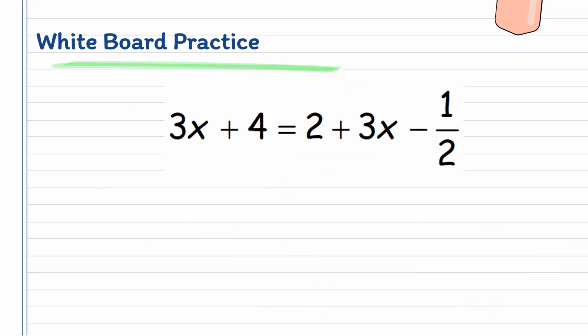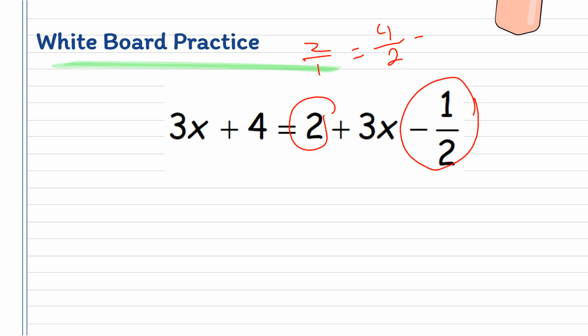Okay, now we have a fraction. I'm going to combine these two on the right, and to do that I'm going to change this 2 over 1 to be a 4 over 2, so that I can do 4 over 2 minus 1 over 2. So I will be left with 3 over 2 over here.